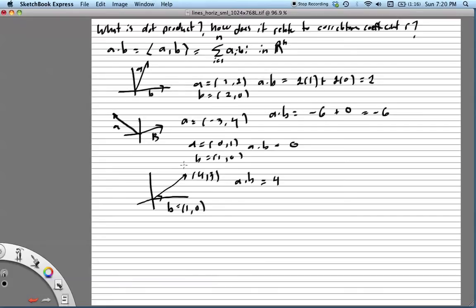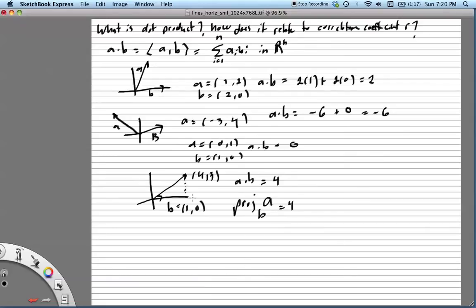Now, what I want you to see is that if we let the head of A just drop to the x-axis, we might ask how far along the x-axis A has traveled. The name for this is the projection. So the projection of A onto B is equal to this scalar quantity 4.